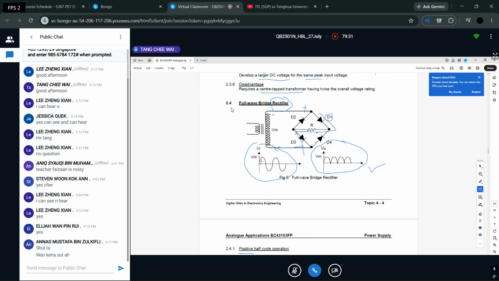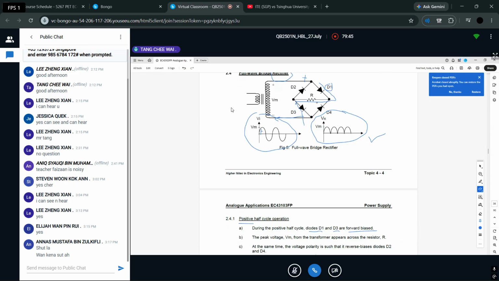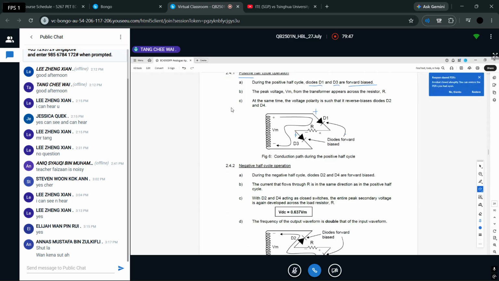Positive comes here, it cannot conduct. So D2 and D4 are reverse bias, or rather open, and there's no current flowing through there. So the only way the current can flow is through D1, past the resistor, and then D3. That's for the positive half, just to reiterate.